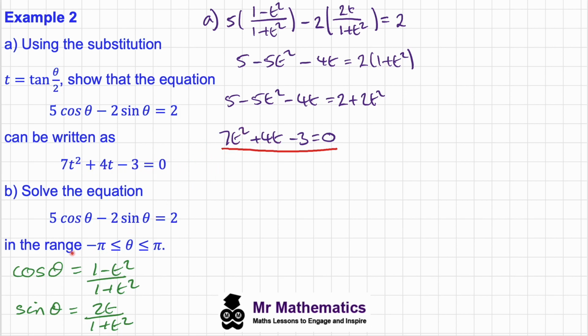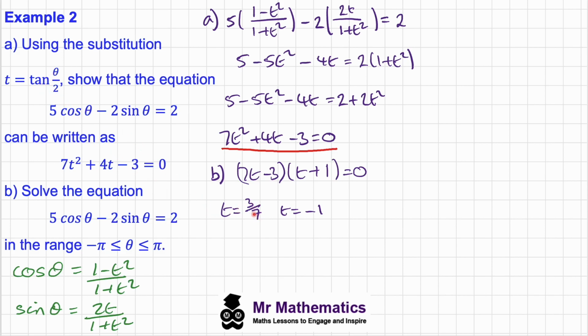And for part B, to solve the equation, we can solve this by factorising. So we get 7t minus 3 multiplied by t plus 1 equal to 0. We can make each bracket equal 0, so we get t equals 3 over 7, and t is negative 1. And then we know that t is the tan of theta over 2.